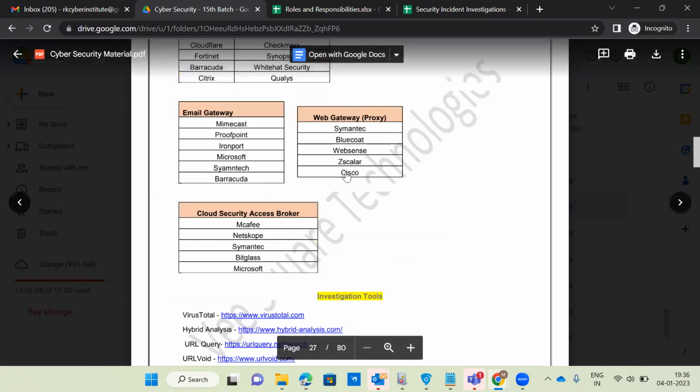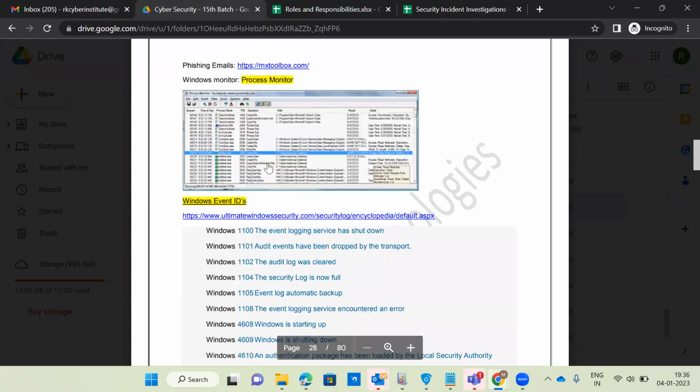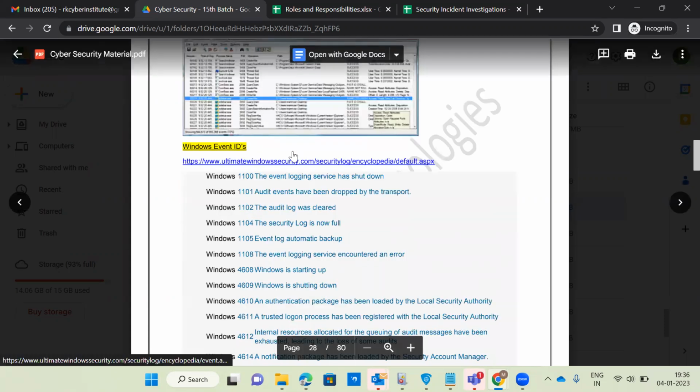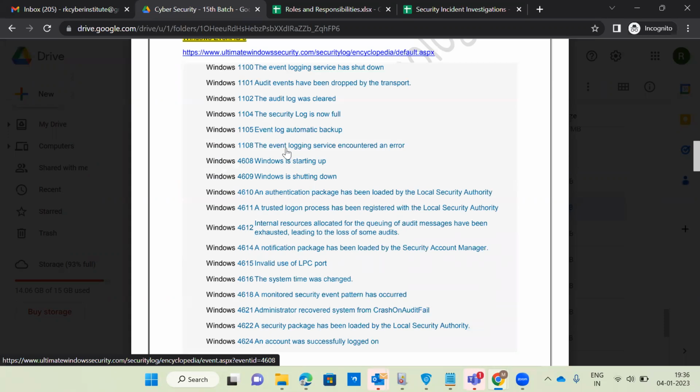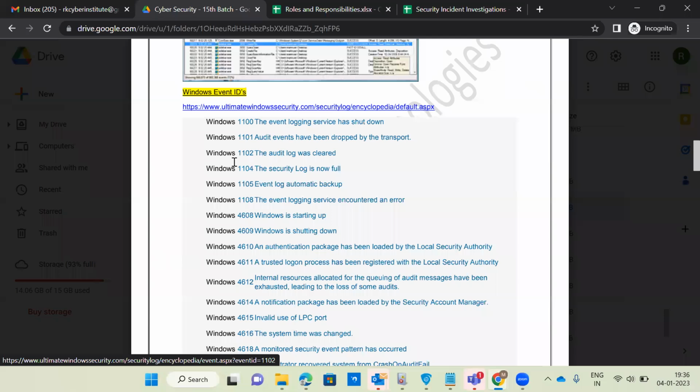Forget about all this. Windows authentication event IDs, we discussed only 2 or 3, 4624 and 4625. In interviews, if you say only those two, they will not accept it. Additionally, you have to remember at least 2 or 3 along with the Windows event IDs for success and failure. Whatever you like, you can make a note.